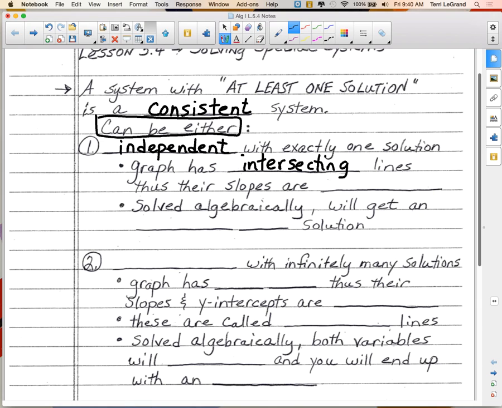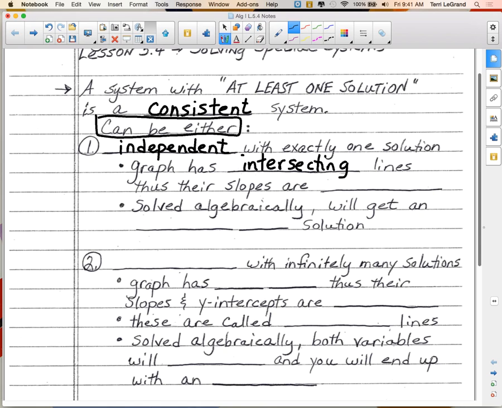So how about, remember when they were opposite reciprocal slopes, what kind of lines were they? The slopes were opposites, so one was positive, the other was negative, and they were reciprocals of each other. What kind of lines did we have then? Perpendicular lines.